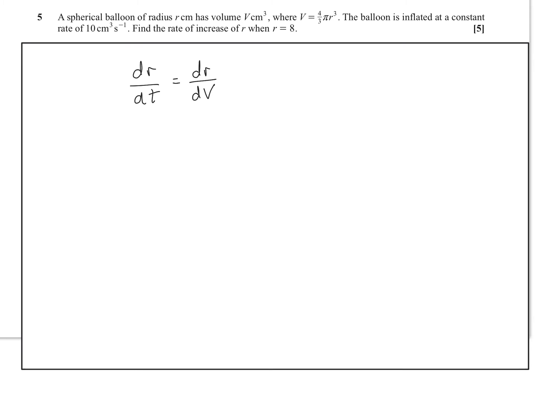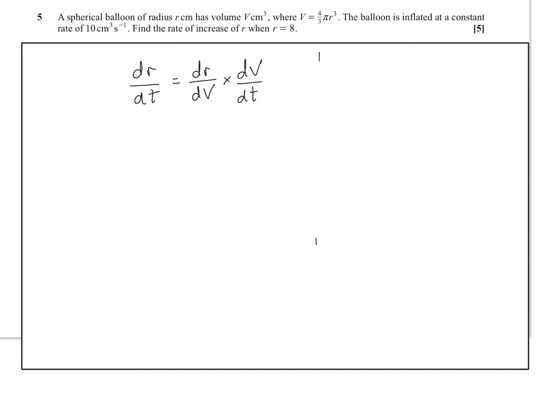So dr by dv times dv over dt. Yeah, because then the v's cancel and we get dr by dt. Now, interestingly, that wasn't the way the mark scheme did it, but this works.